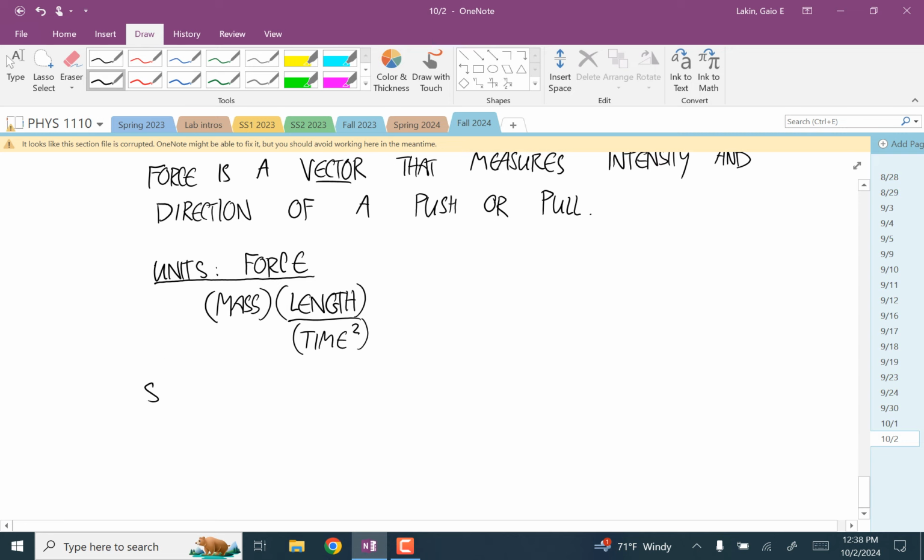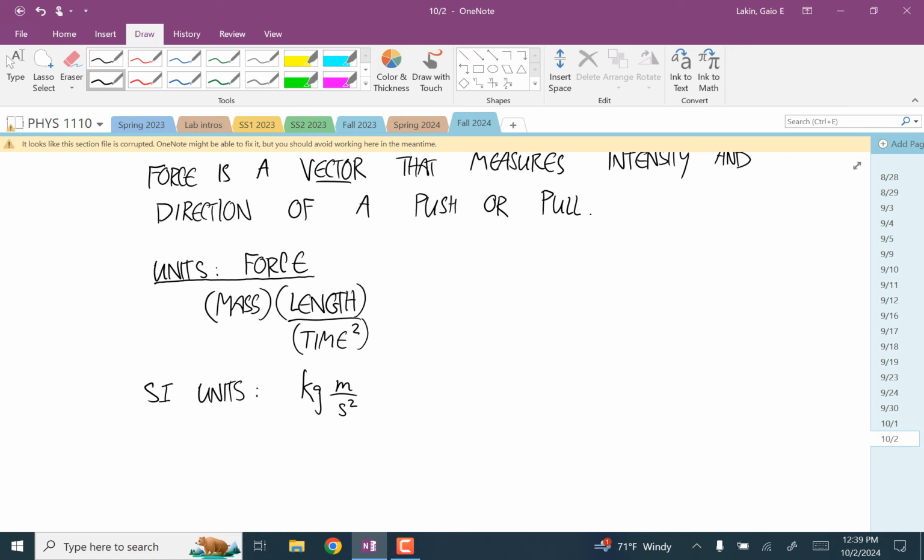And so the SI units for force are kilogram meters per second squared. Okay, sounds good. Length and time squared, this is acceleration. Yeah, right. You'll see where that comes from when we get to the big equation in this section.